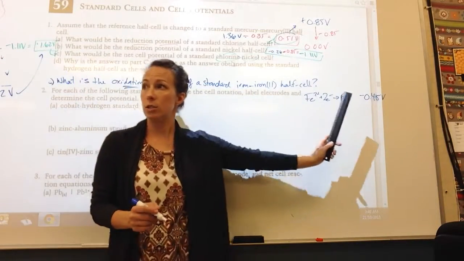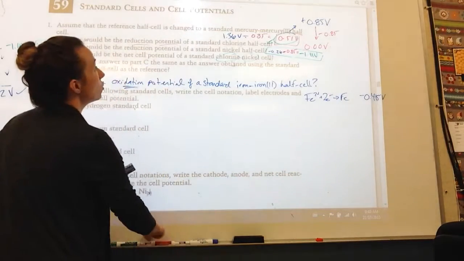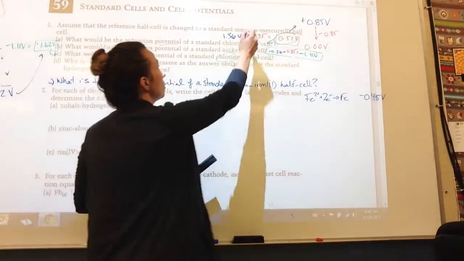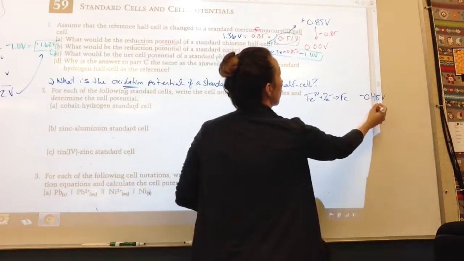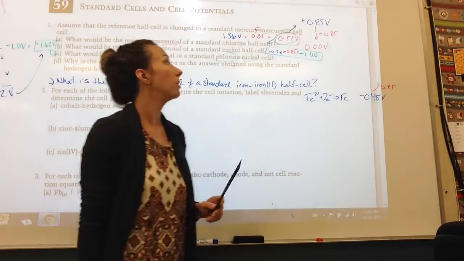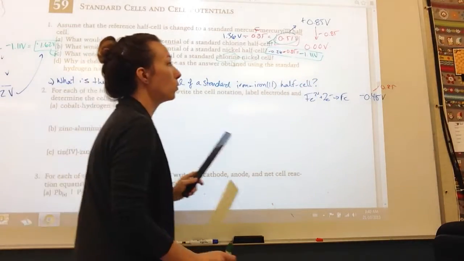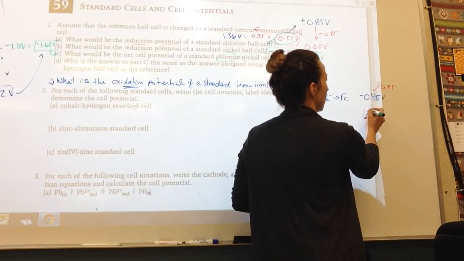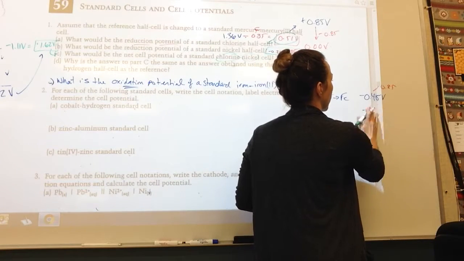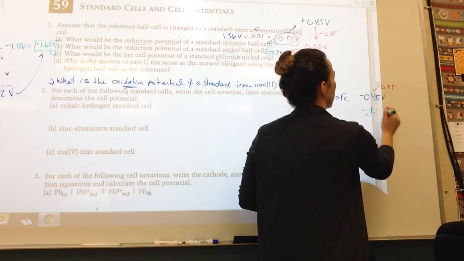So this is what it is in your data booklet when the hydrogen is the reference. If we change it to my mercury, I need to then take this number and subtract 0.85 from it, just like we did before. And I find my new green number, which is 1.30.